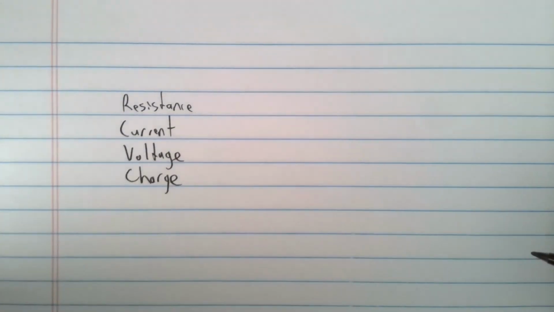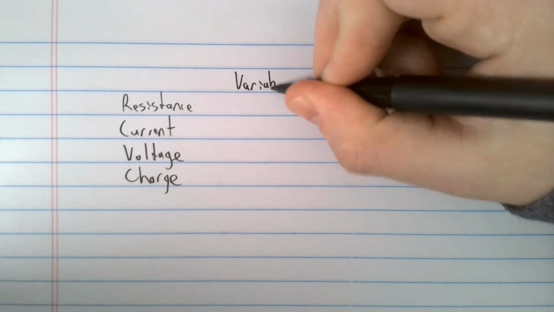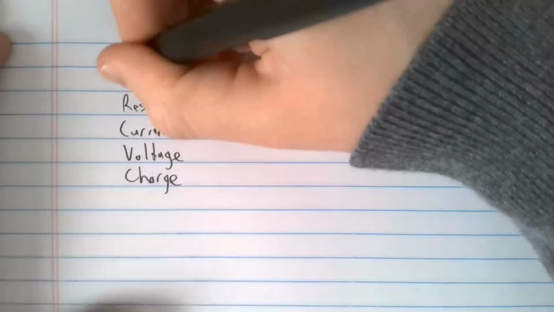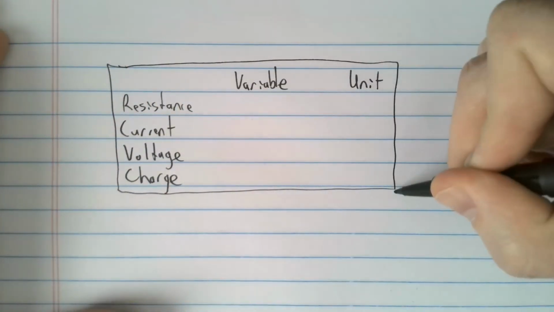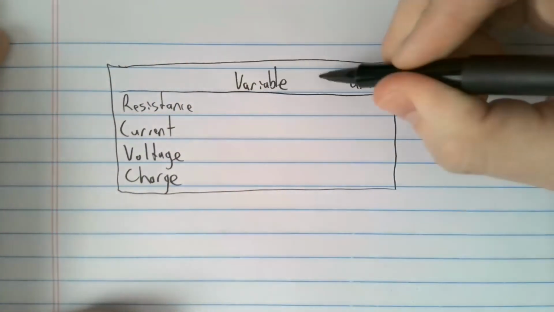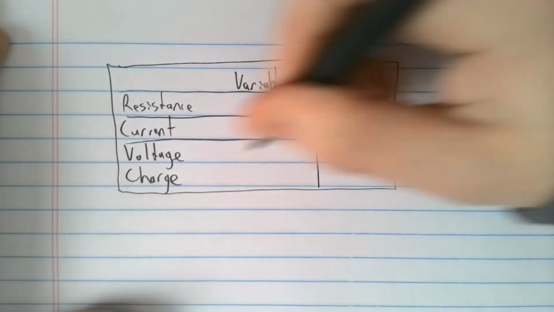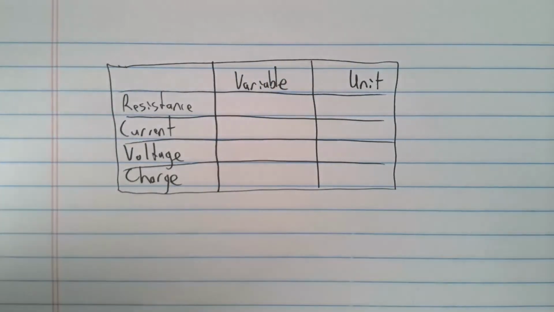I don't think we're missing anything else there. Then you would go variable and unit. If you can't fill in this chart, you'll have a lot of trouble solving problems. But if you were to fill it in 2 or 3 times, you'll have it aced.